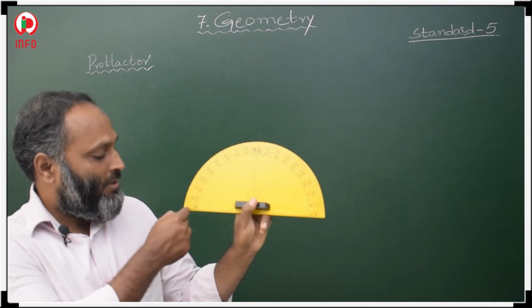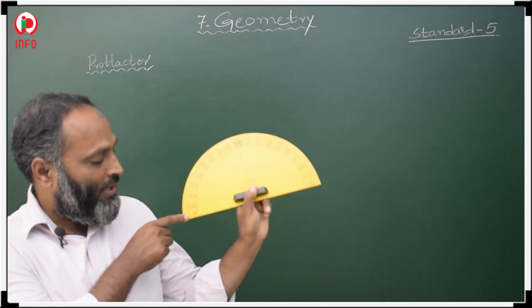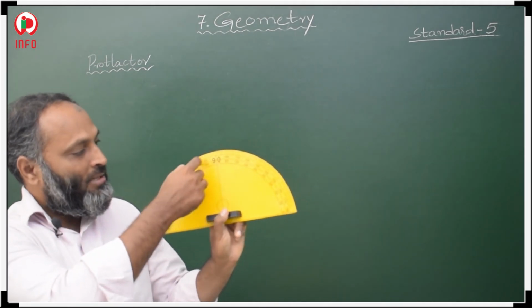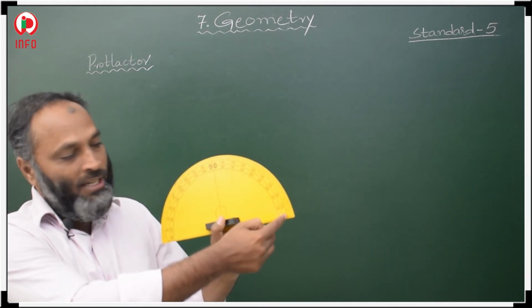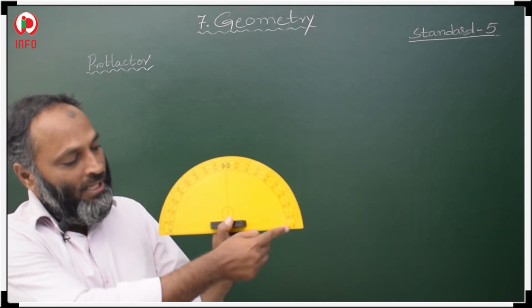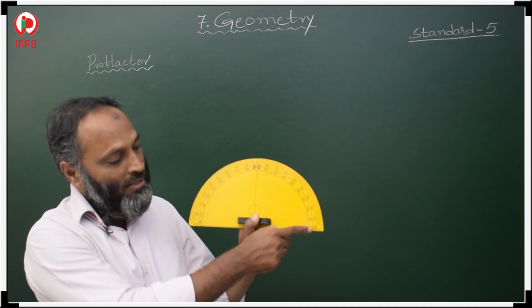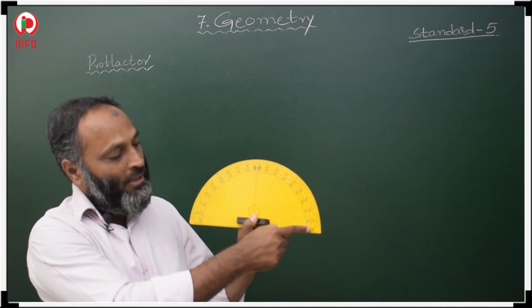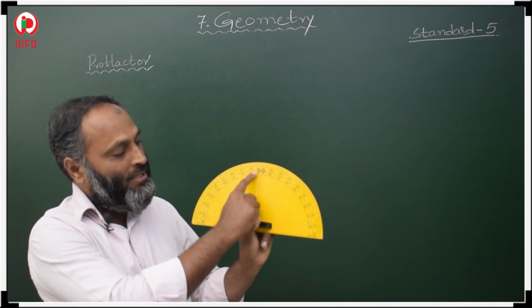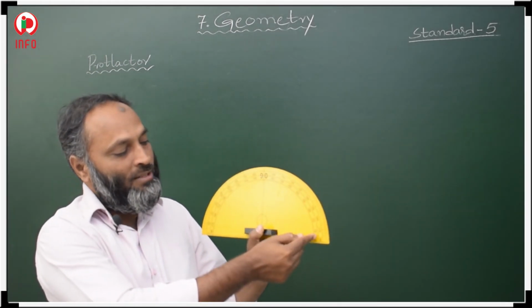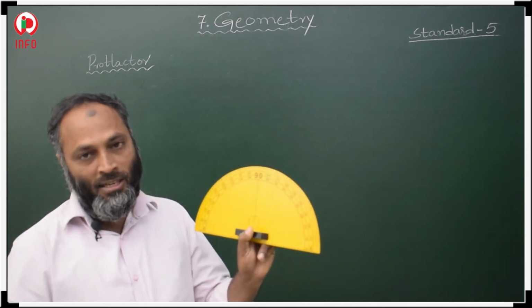Upside values are given here as 0, 10, 20, 30 in the clockwise direction, and downside degrees are given too. See in your protractor and check. The downward values 0, 10, 20 are in anti-clockwise. So upside degrees are in clockwise direction and downside degrees are in anti-clockwise direction.